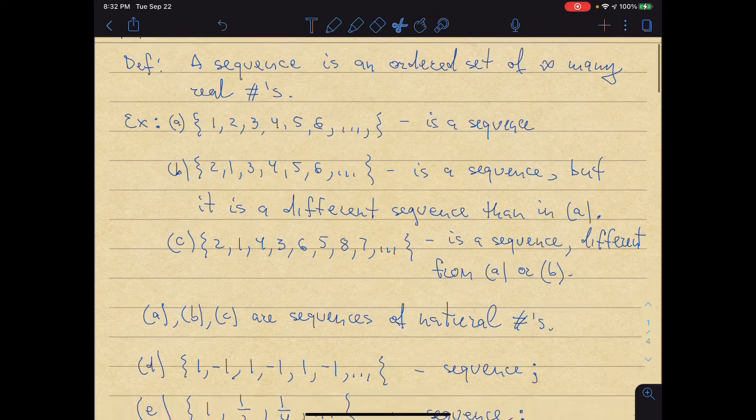So if I look at the sequence A, right here, is there a particular behavior of elements as n tends to infinity? Well, we'll see that because an element is equal to its position in the sequence, as I move along the sequence increasing n, I increase the elements.